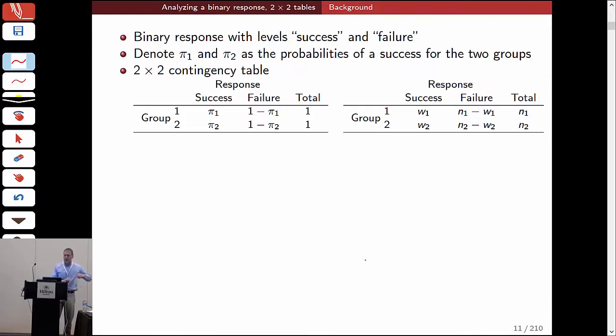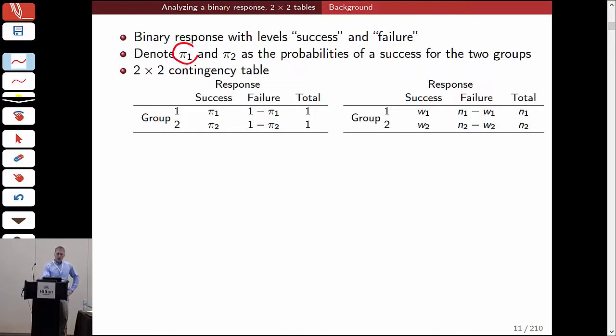So, what we're going to be working with again is a binary response. And just to make things easy, let's call the two response categories success or failure. We are going to have two probabilities of success that we want to compare.